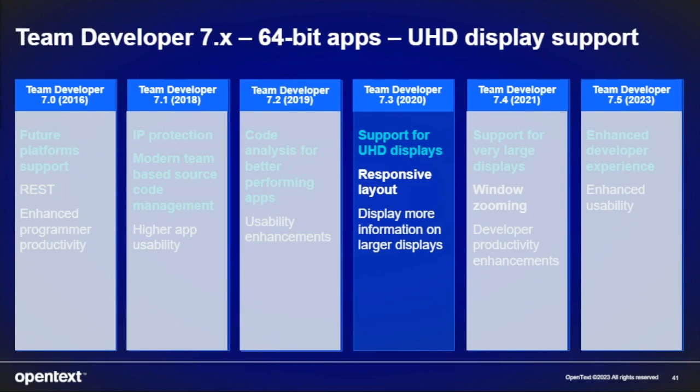So 7.3 in 2020. Now we had all these things like platform support for .NET, Win32, Win64, 64-bit, source code management, better code analysis. And the next thing is really support for very large displays. So Team Developer application screens have been basically static, and you designed them and they were having the same size.